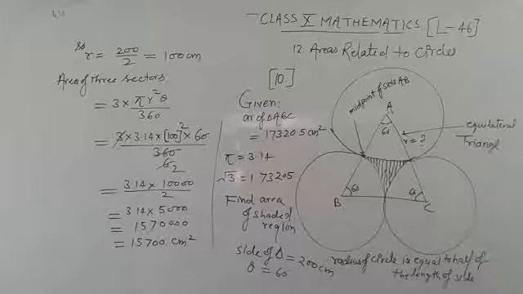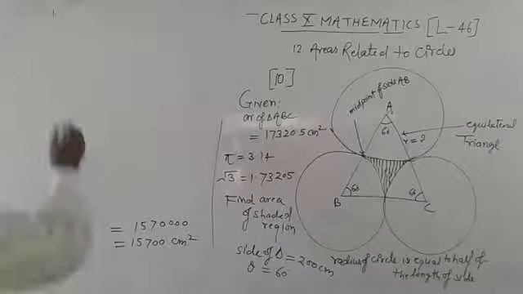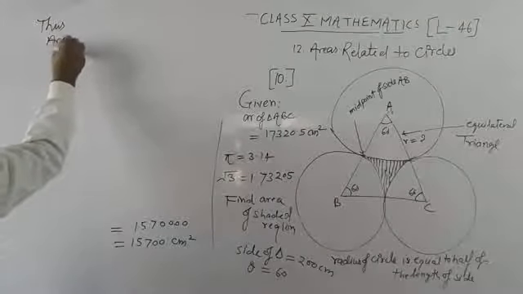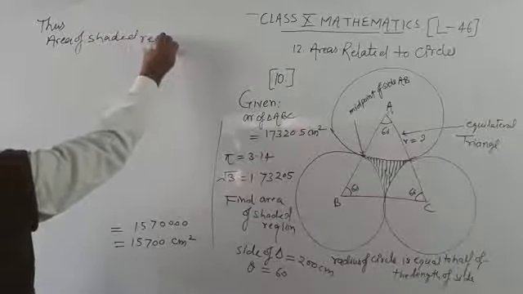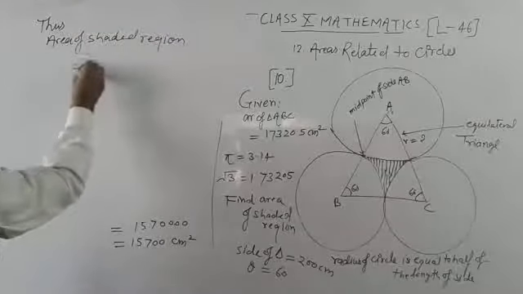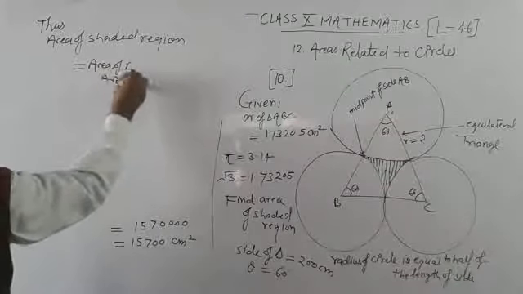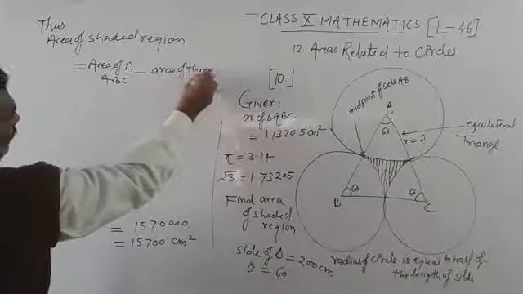Now finally write down this. So thus, students, finally the area of the shaded region is equal to the area of triangle ABC minus the area of 3 sectors.